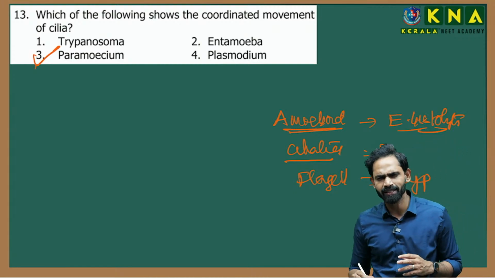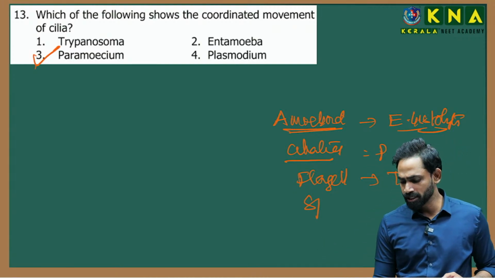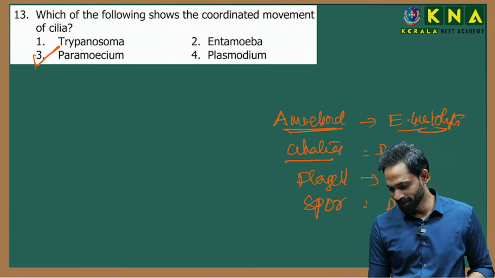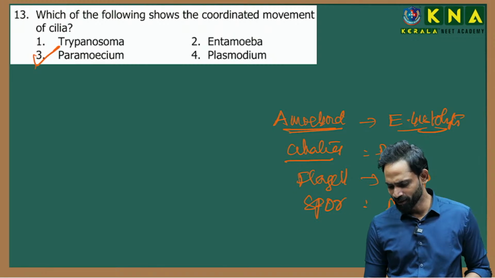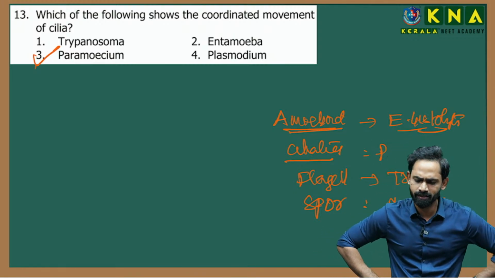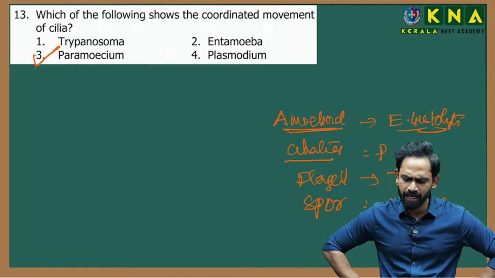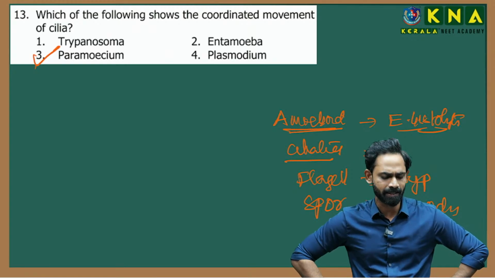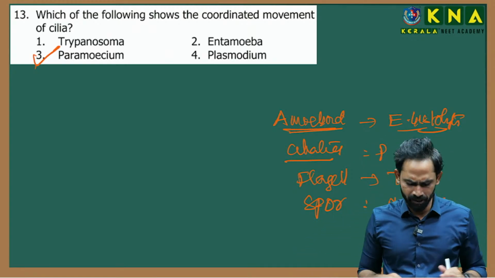Next one is sporozoans, Plasmodium. Nobody will forget. The life cycle is also there if you remember. So based on locomotory structures: amoeboid protozoans, ciliated protozoans, flagellated protozoans and sporozoans. NCERT based.